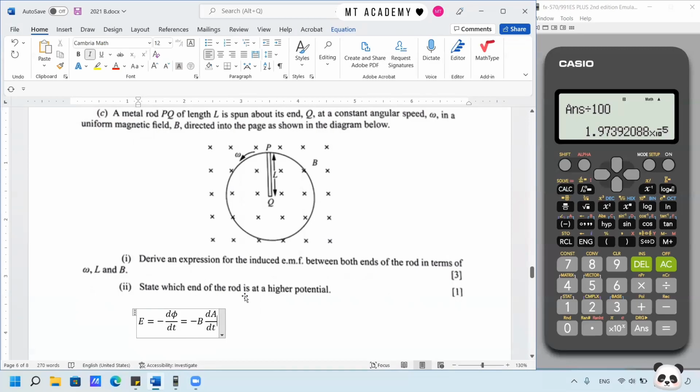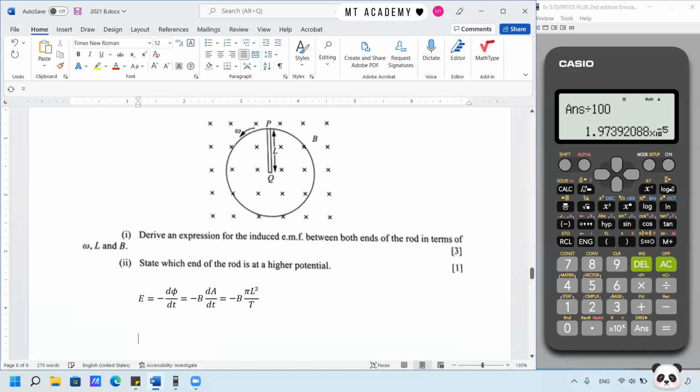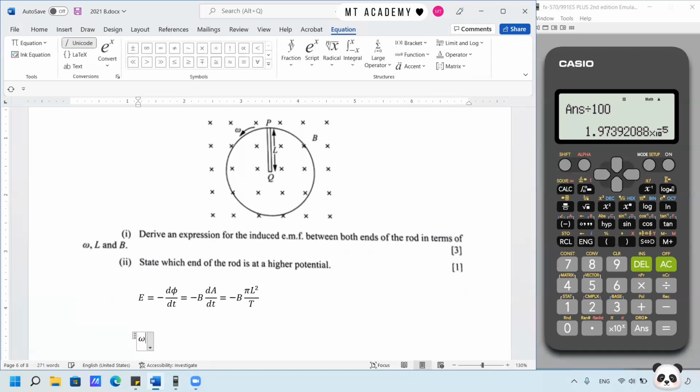The area covered is the area of a circle, πr². We use πL², with L as the radius of the path, divided by the period of the motion. From here, we need to derive the induced EMF in terms of ω, L, and B. We only have ω left to express, and you should know that ω is equal to 2π/T.